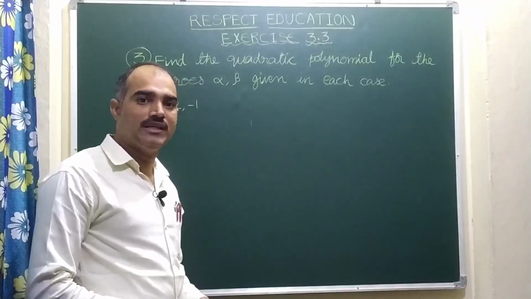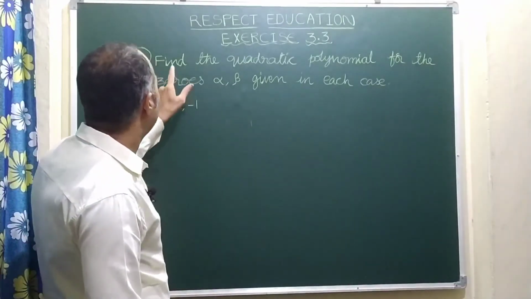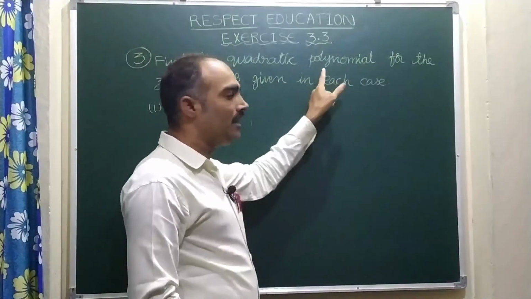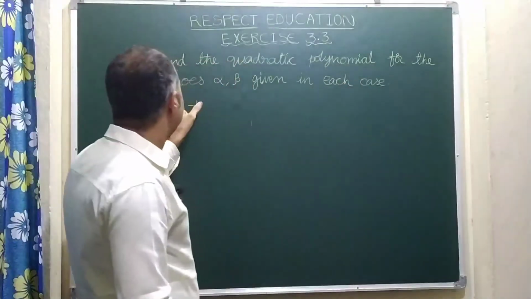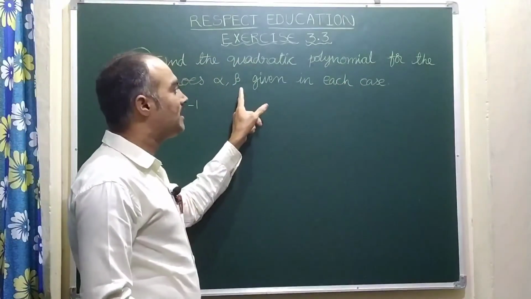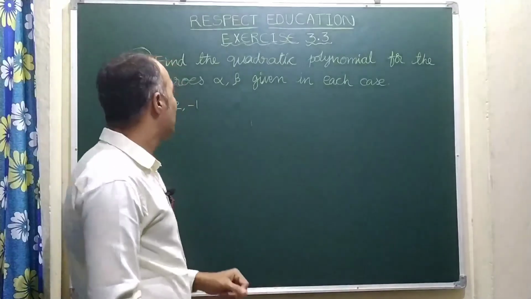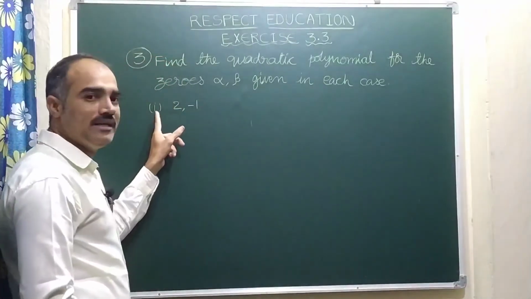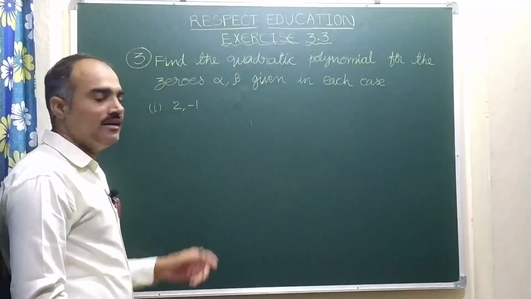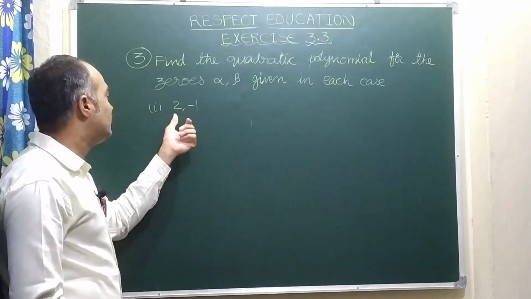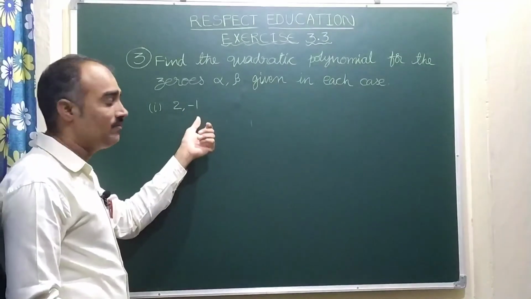Now let us see next question, that is question number 3. Find the quadratic polynomial for the zeros alpha comma beta given in each case. Here you see children, let us see first bit, here 2 comma minus 1 is given. These two values are given, first value is 2, second value is minus 1.